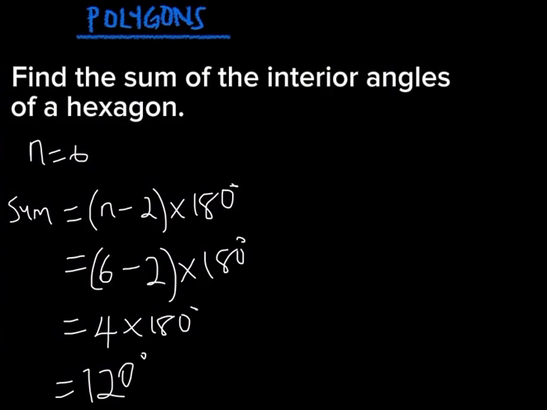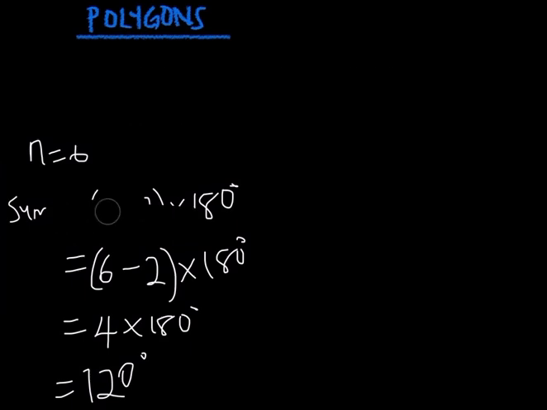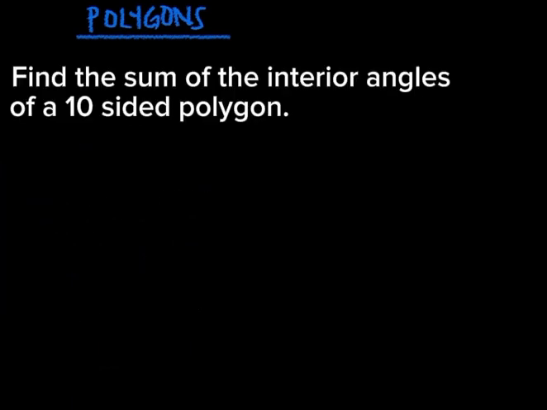Let's try another example again. Now this question says, find the sum of the interior angles of a 10-sided polygon. A 10-sided polygon means that our n is equal to 10.